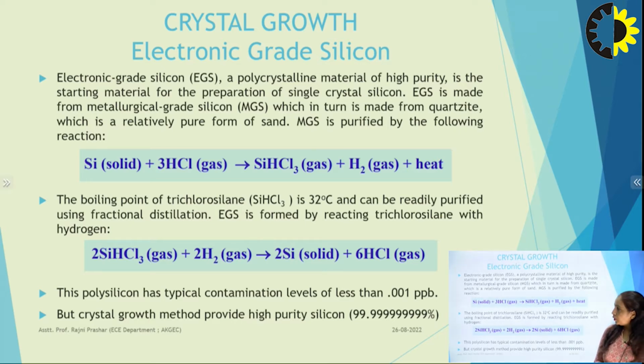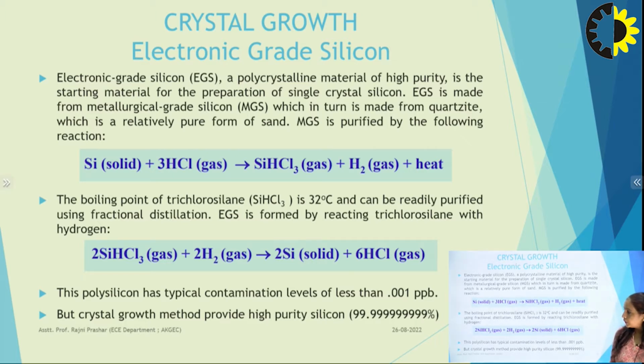The boiling point of this trichlorosilane gas is 32 degrees C, and it can be readily purified using fractional distillation. EGS is formed by reacting the trichlorosilane with hydrogen.